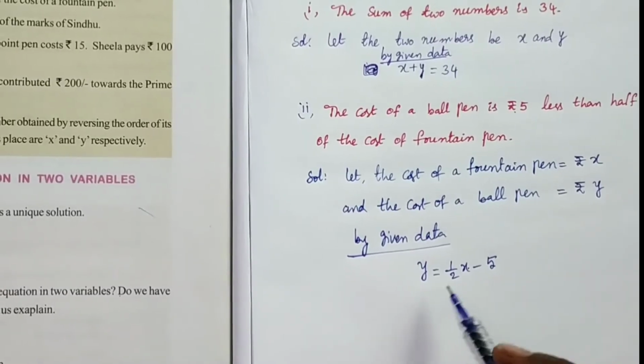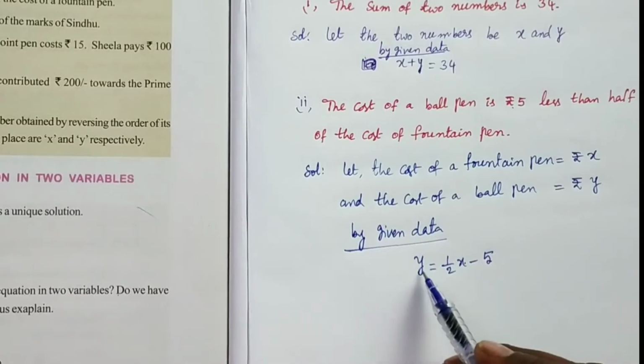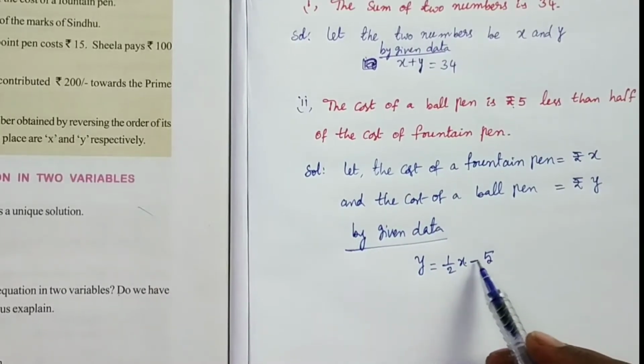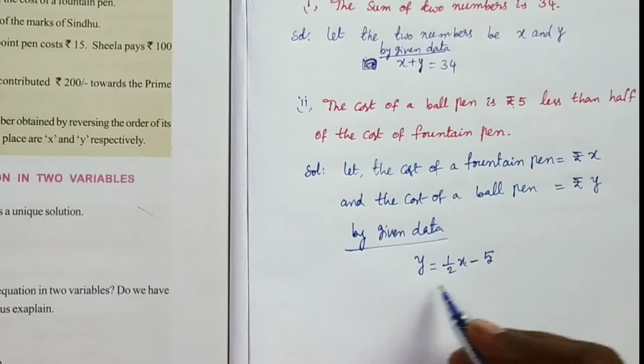So by given data, this is the condition. So the cost of a ball pen is 5 rupees less, means minus, than half of the cost of the fountain pen. So this is the exact given data.